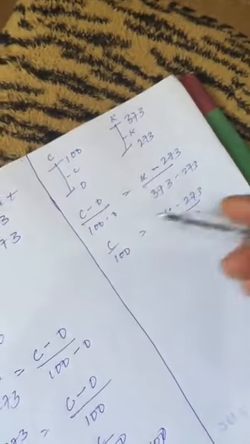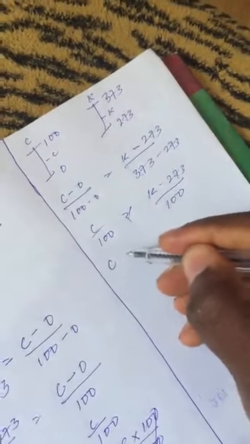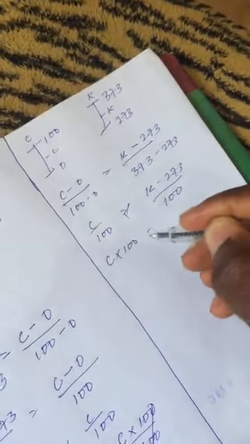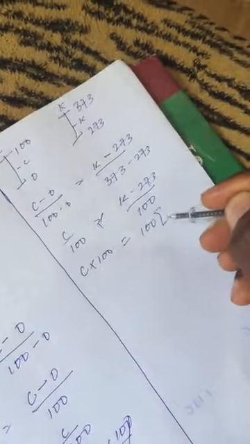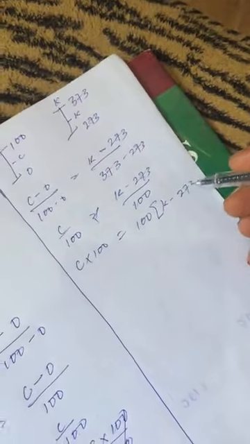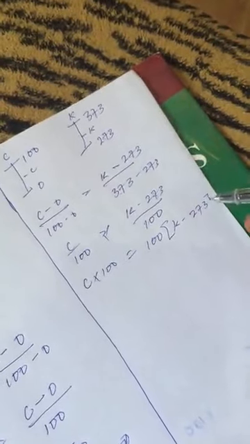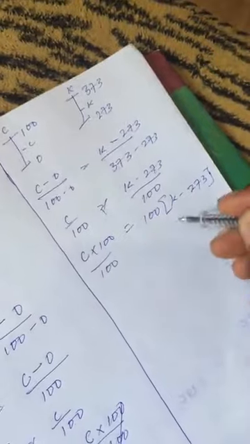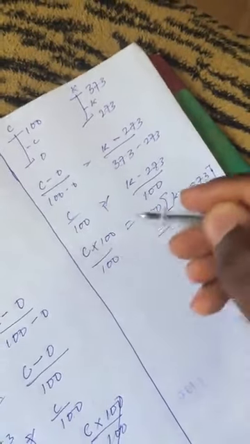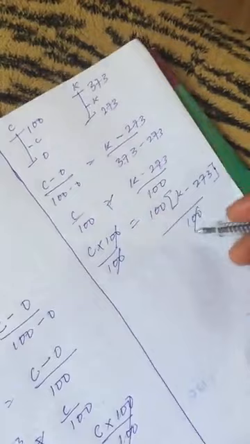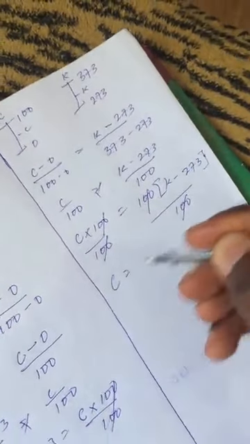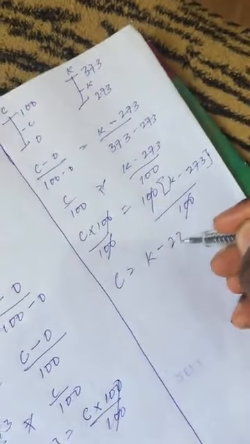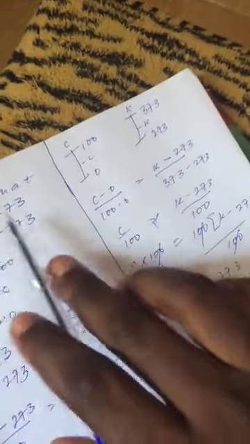Now since we are looking for C, we cross multiply, it becomes C times 100 is equal to 100 bracket k minus 273. Now we divide both sides by 100, because I'm looking for C. 100 take away 100, 100 take away 100. We have C is equal to k minus 273.